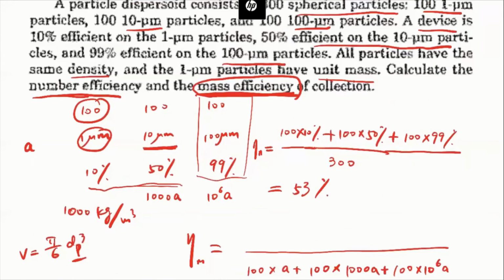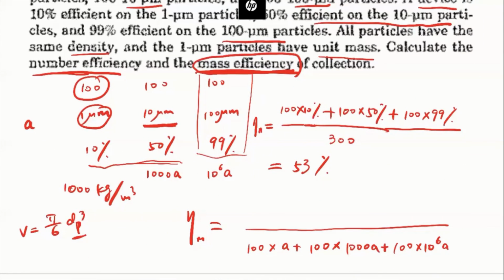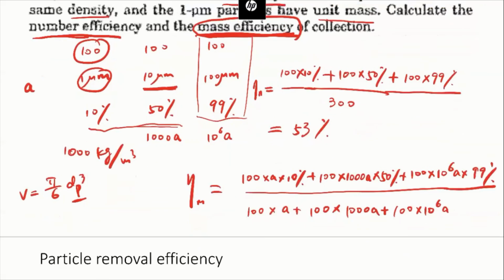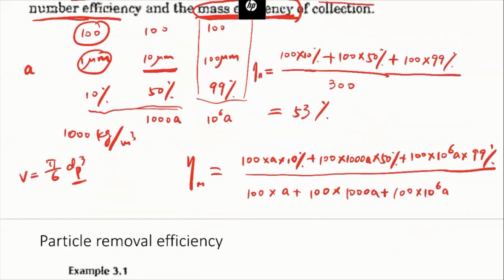And the quantity removed is basically 100 multiplied by A multiplied by 10%, 100 multiplied by 1000 A multiplied by 50%, and 10 to the 6 A multiplied by 99%. So now you can see that the numerator and denominator are largely determined by this value here, because all the A will just cancel out.